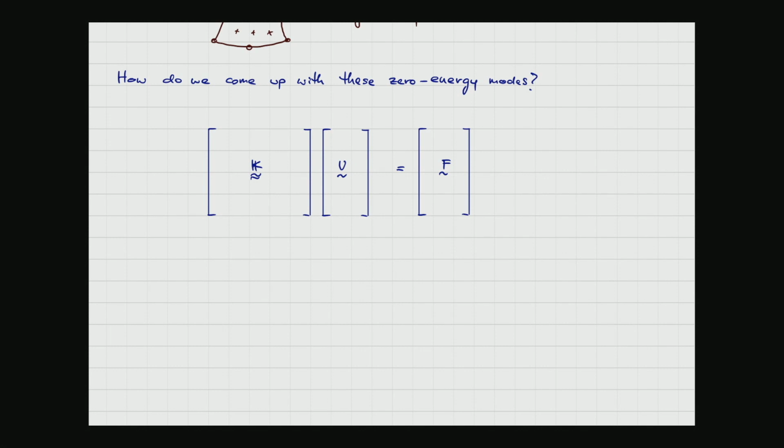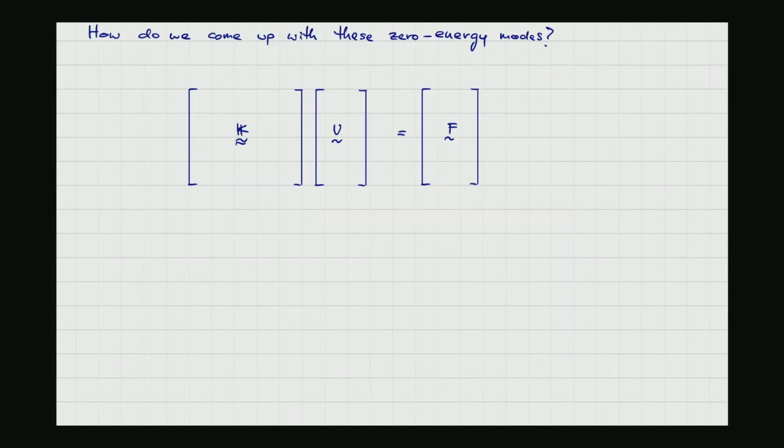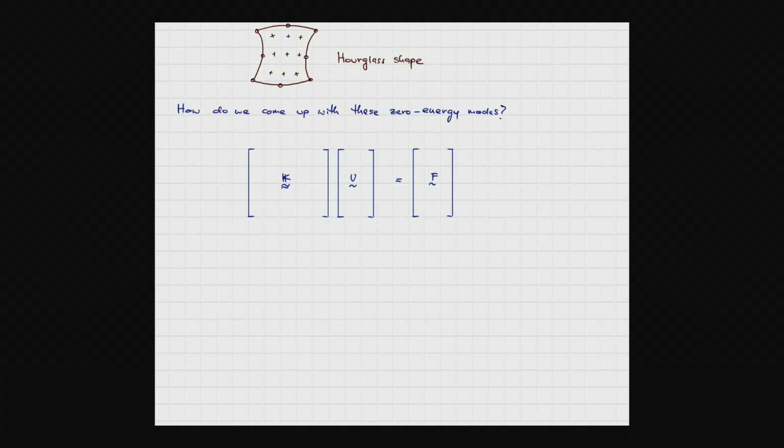Your solution wasn't supposed to have this zero energy mode, but now you get it for free, and you don't like this sort of freebie. So let's continue with this setup.